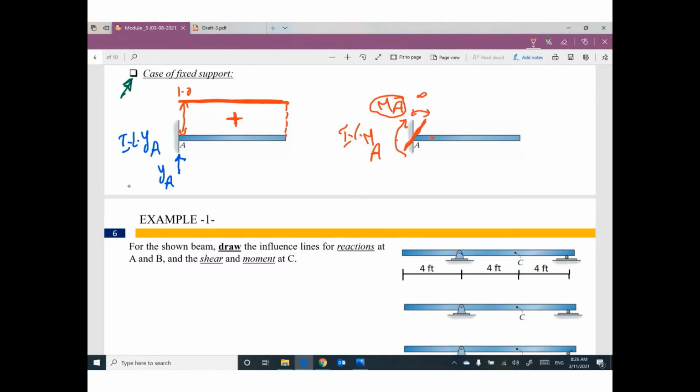Theta equal 1. The new shape of this beam will be like this, because this beam must be perpendicular to this fixed. The new shape is negative because it's down. So the new shape can be called influence line for MA. If you have any question, let me know.